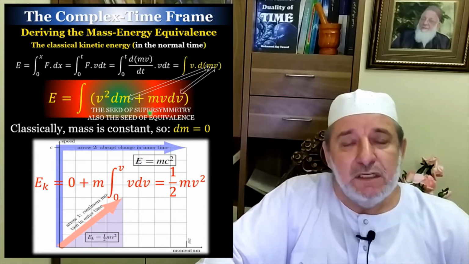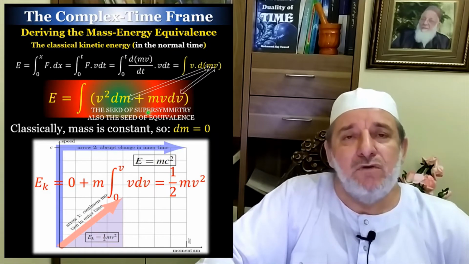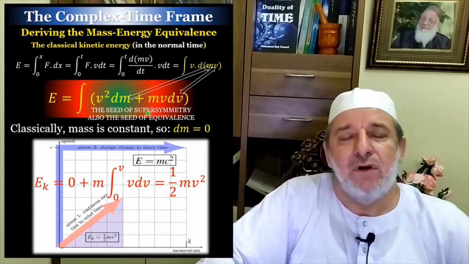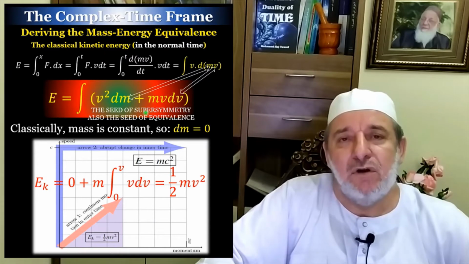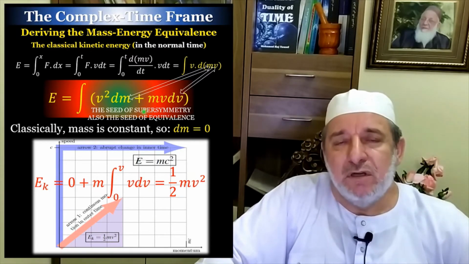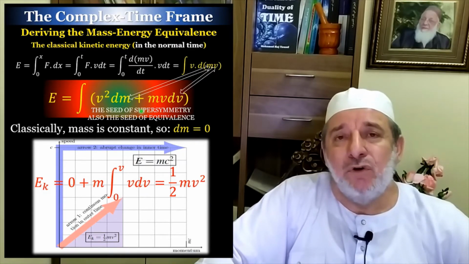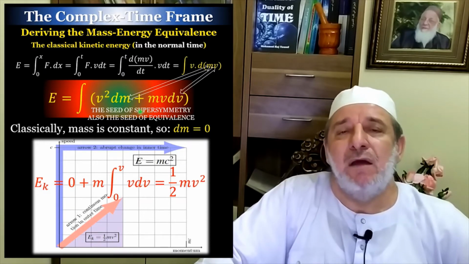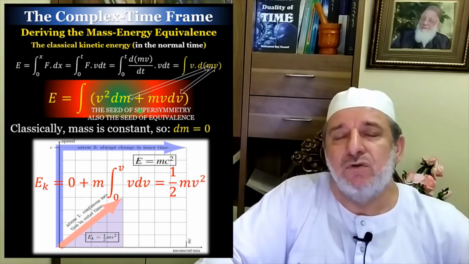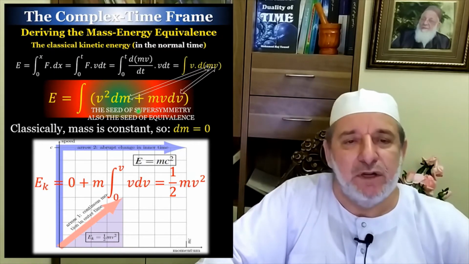However, these derivations either use approximation, or they use the famous equation m equals gamma m naught and then differentiate the mass, and this is again not correct, because you cannot get this equation from any simple principle. The equation m equals gamma m naught is equivalent to E equals m naught c squared. So if you derive one, you will get the other, and therefore it's like a circular statement.